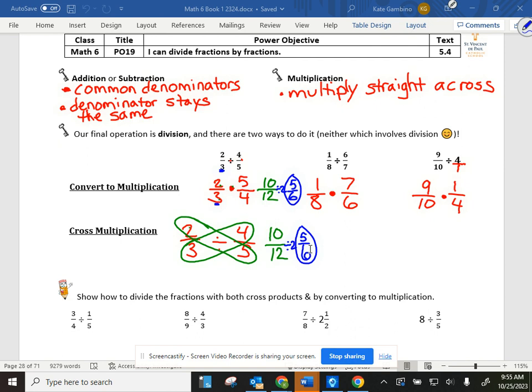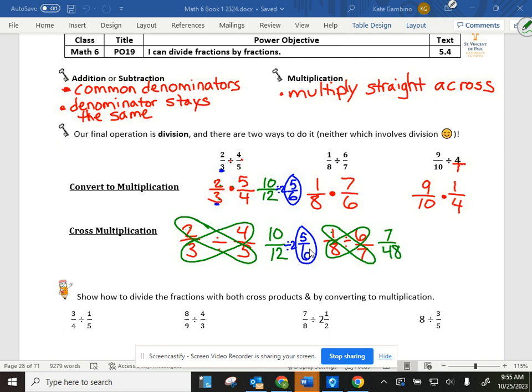So if I'm going to cross multiply my second set of fractions here, I've got 1/8 divided by 6/7. Remember, I'm cross multiplying, so my first number is the numerator, so that means 1 times 7 is going to be my numerator, and then I have 8 times 6, which is 48.